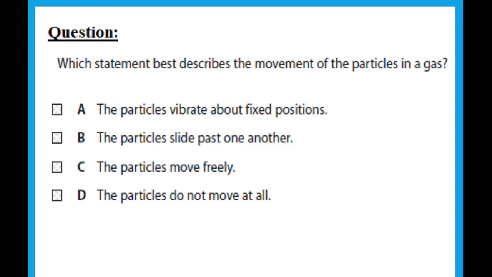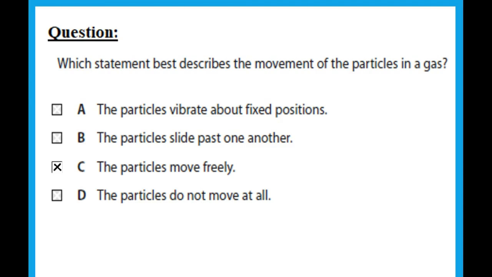Particles slide past each other, or move around each other. That applies to what? It applies to liquids, not gases. Particles move freely. Now that's supposed to be our answer, because particles in a gas move freely. Particles do not move at all. That is not right, because we never say that particles do not move at all. So your answer is C.